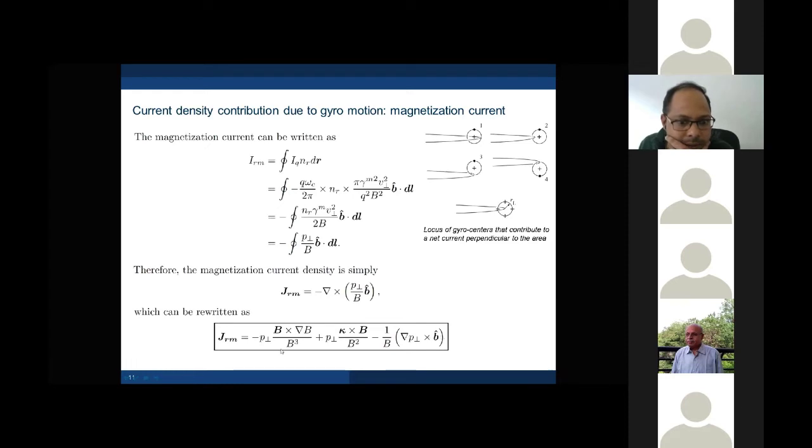Previously we saw the current density component due to the guiding center motion, and now we see the current density due to the magnetization effect, and the sum of both would be the net current density. We can see that previously we had a term similar to this, but with an opposite sign, that gets cancelled. But this would not get cancelled because it had a P parallel here.